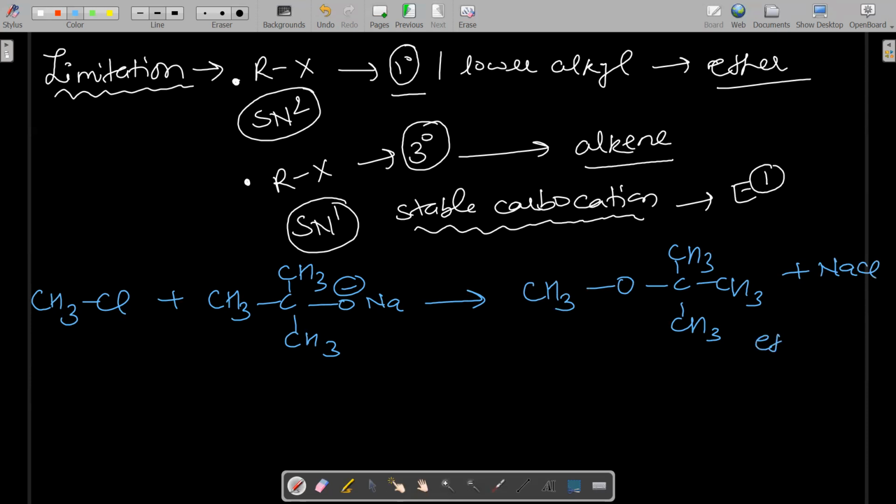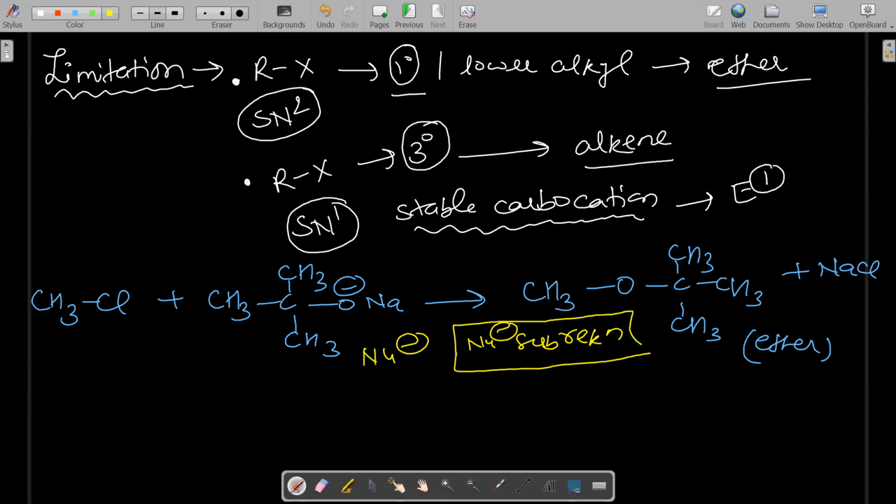So ether forms as a major product because in this case, this acts as a nucleophile, and hence it undergoes which reaction? Nucleophilic substitution reaction, because ether formation is a type of nucleophilic substitution reaction, a type of SN2 reaction, right?